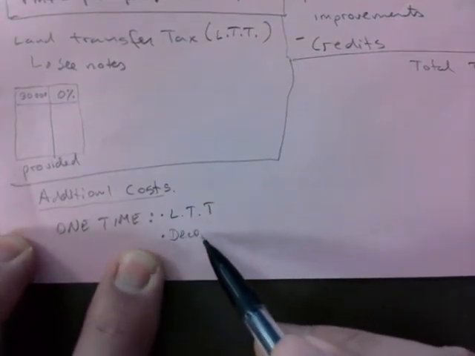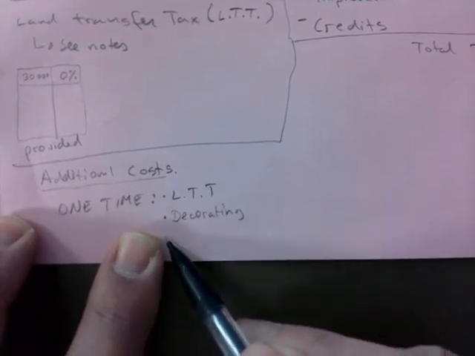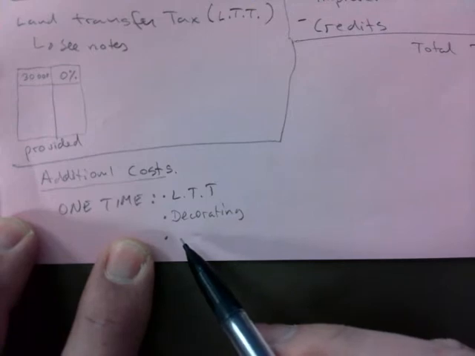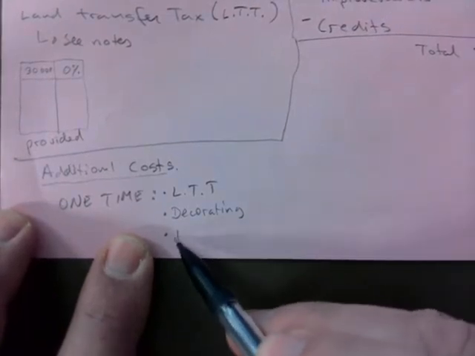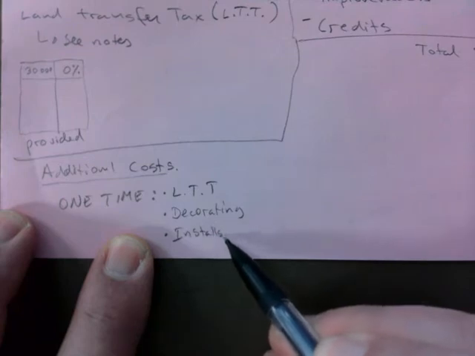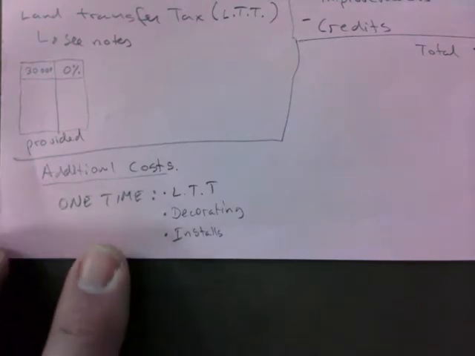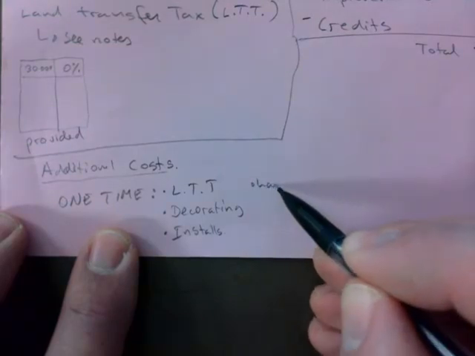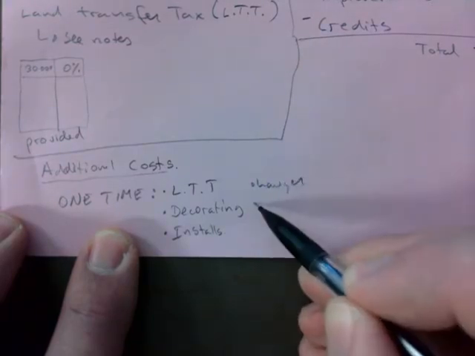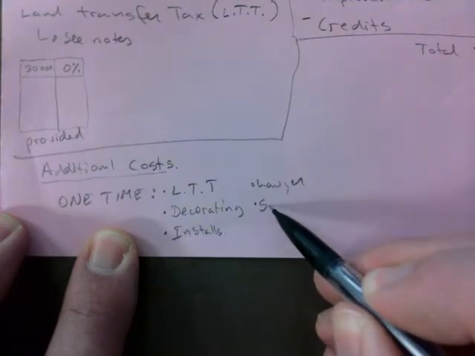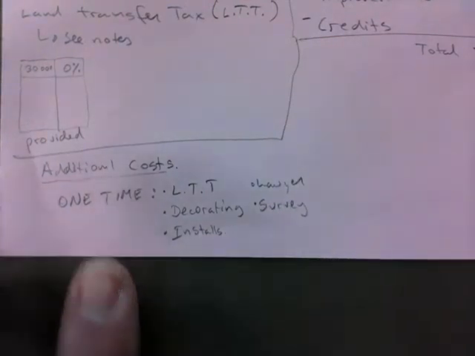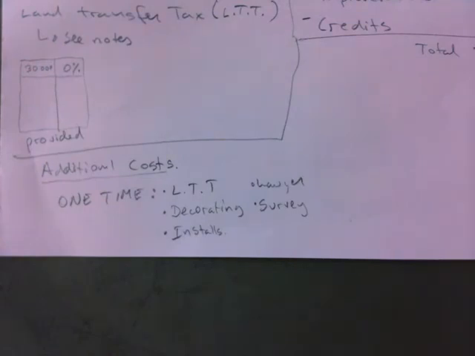Decorating. If you have to pay for any installs, right? Any installations like transferring over a shop from one house to the other, or MTS or whatever, that would be considered a one-time cost. Your lawyer fees, right? Your survey, right? Property survey, where they make sure that your property is actually within the boundaries. And all those, so you have to have at least 2 one-time costs ready to go here.